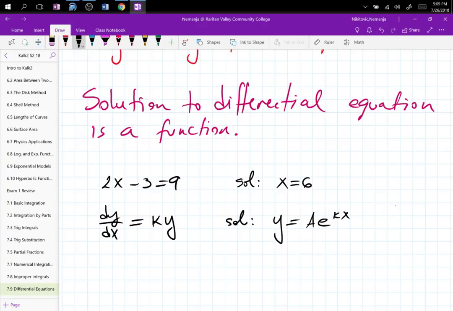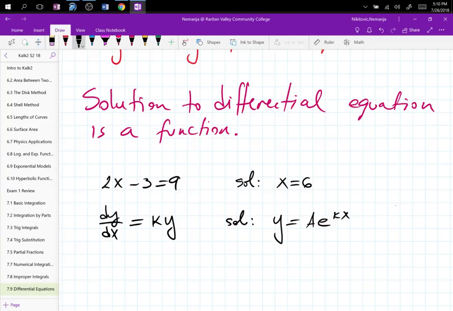Everything that you learned regarding equations so far in your mathematical career falls in the first line, because at the end of that equation, when you solve it, you get a number. Today, for the first time, you are seeing an equation that has a higher order solution, and that is a function.